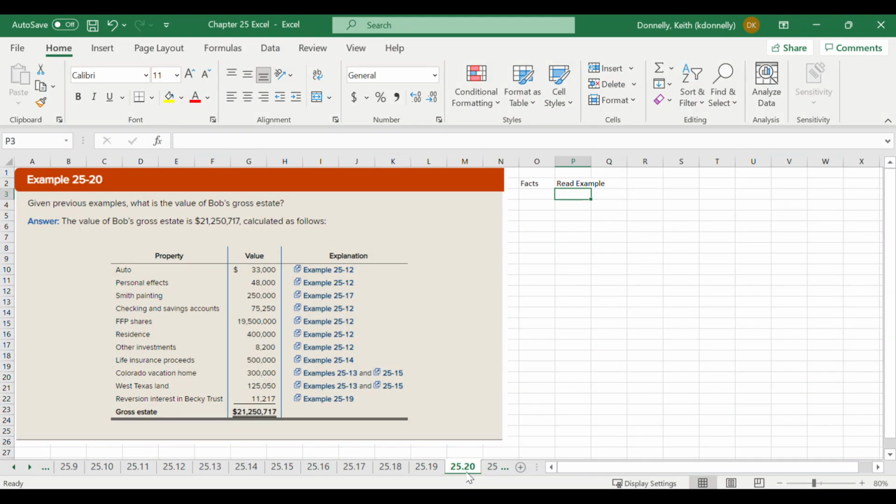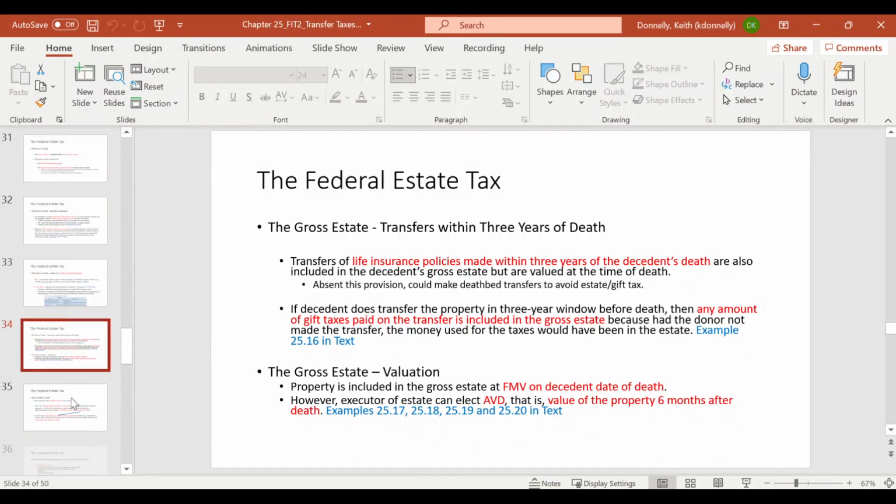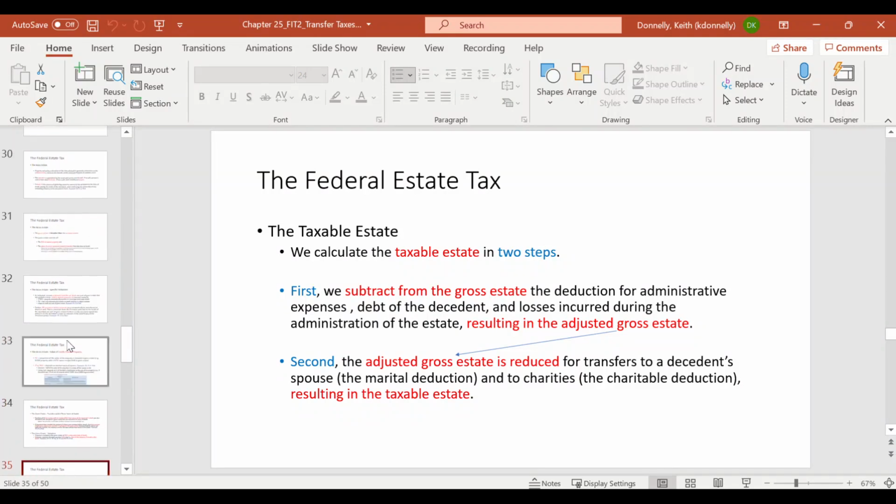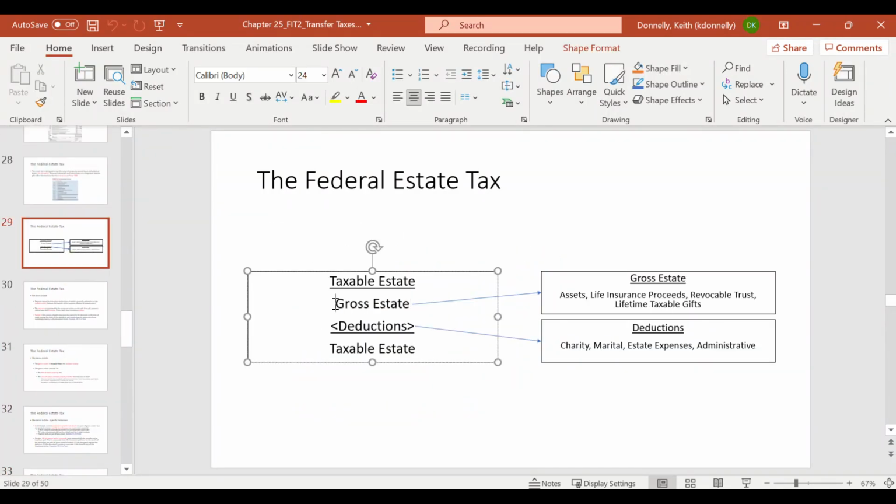This is just showing how they value all of those items in light of the previous examples. Okay, so it says we calculate the taxable estate here in 2 steps. So going back, we looked at what the gross estate is, right? We looked at some of these examples.